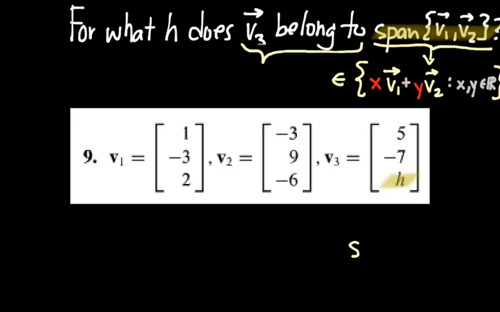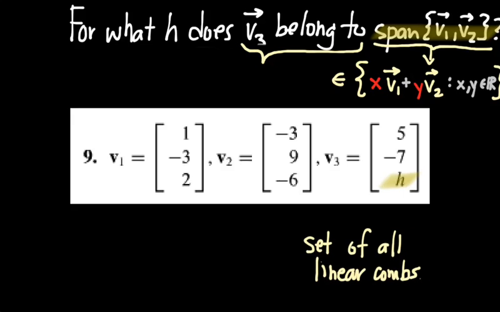The span is the set consisting of all linear combinations of V1 and V2. So that's what the span is. And we're trying to figure out what it means for V3 to belong to this set.